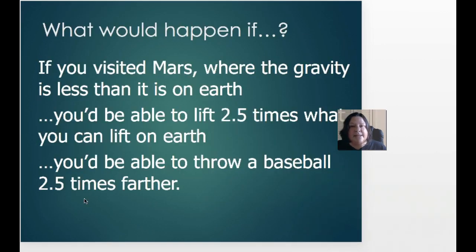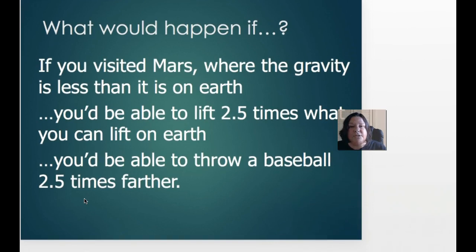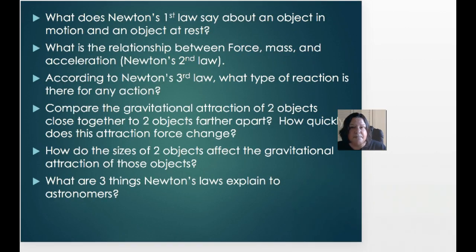An example here is if you were to visit Mars, where the gravity is less than it is on Earth, you'd be able to lift 2.5 times what you can lift on Earth. That would be awesome. And you'd be able to throw a baseball 2.5 times farther, which would be kind of cool. So that's just an example of how gravity affects things of size.